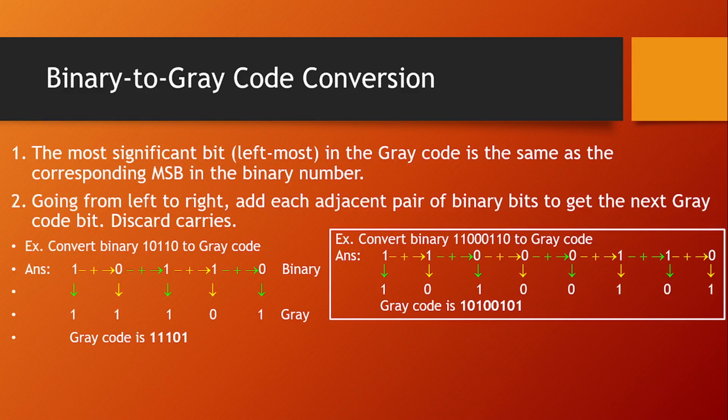Then add the fourth binary bit to the fifth one, that is 0. 1 plus 0, sum is 1. So write down the fifth gray bit as 1, which is the summation. So in this way, gray code for binary 10110 is 11101.